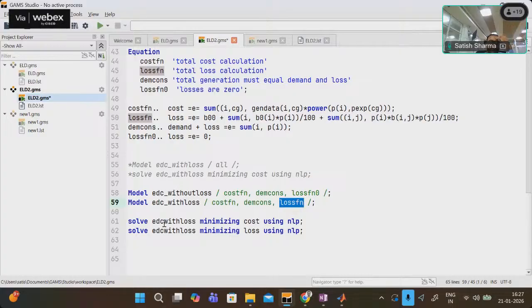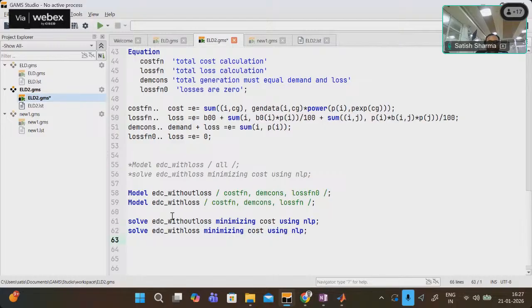Okay, now I can solve them as well. So EDC with losses I have been solving, and then EDC, let's say first of all solve without losses, and if it is without losses we are minimizing cost.